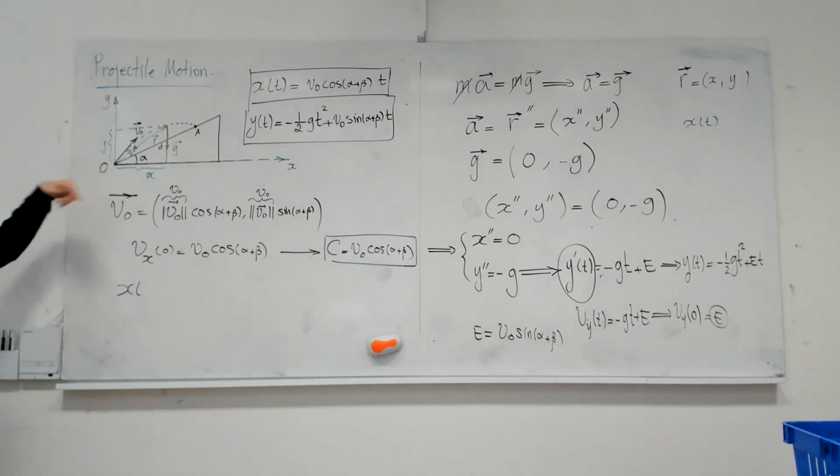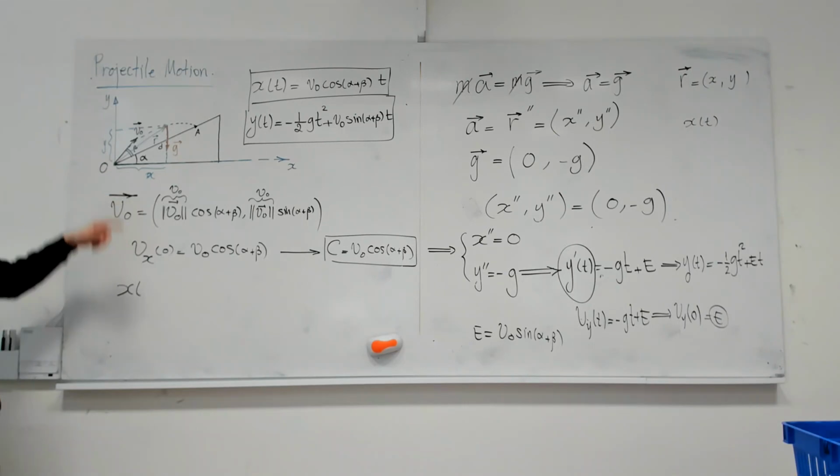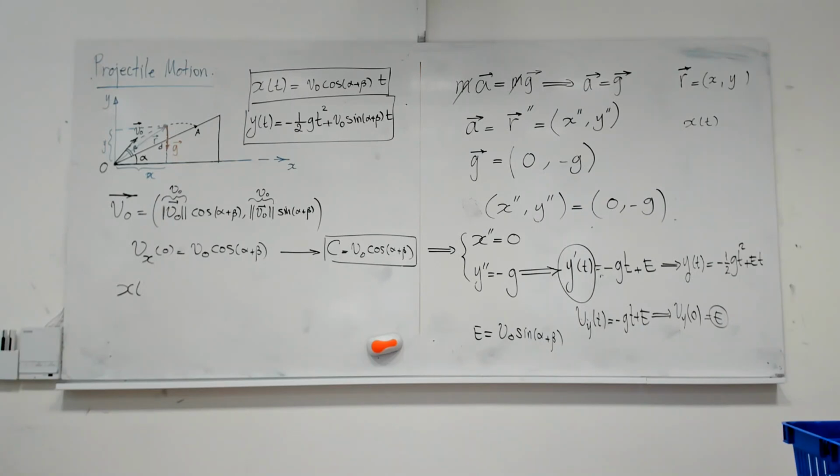Because you see, all of us know that this should be some curved trajectory. But there are a lot of curves. That curve could be, I don't know, a part of a circle, a part of an ellipse, a part of a very complicated trajectory. So how should I know that? What is the nature of that curve?